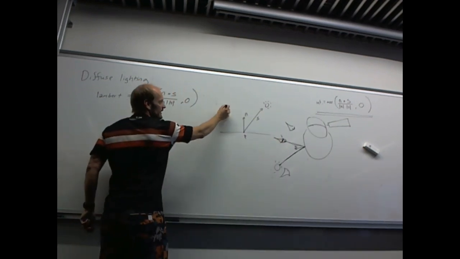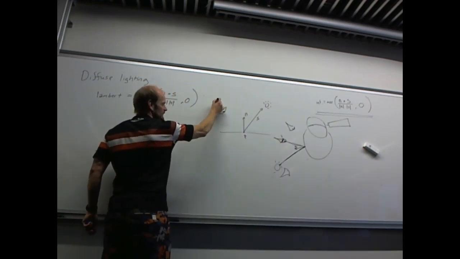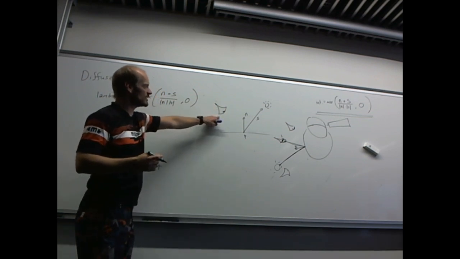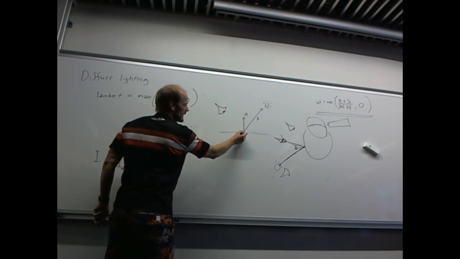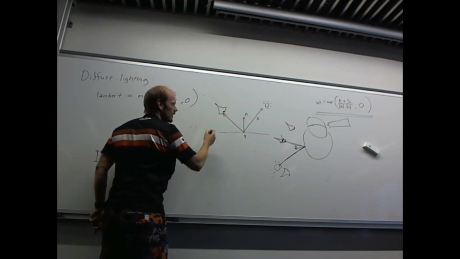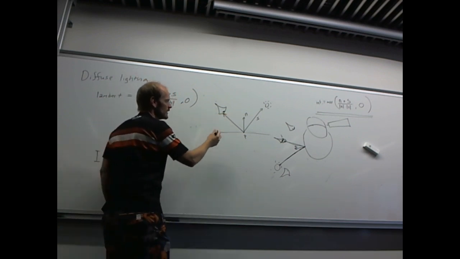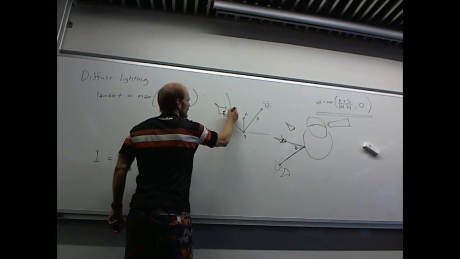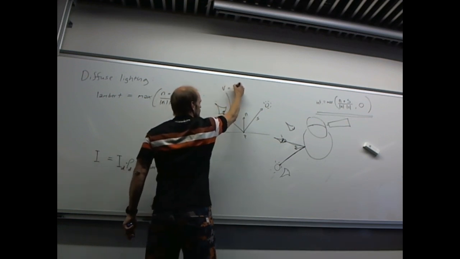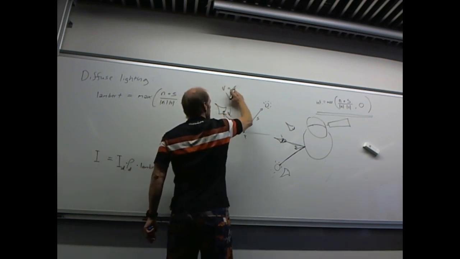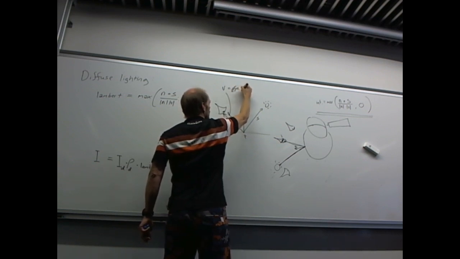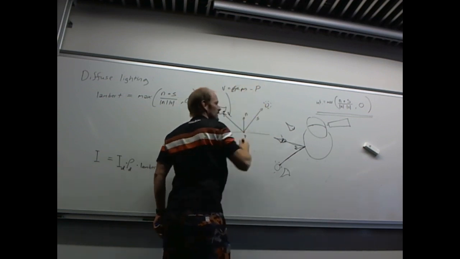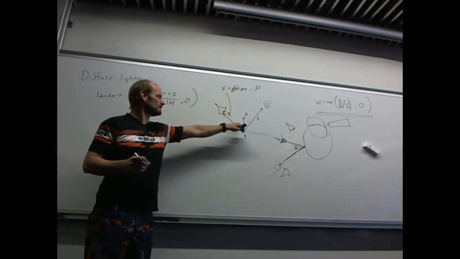So now let's add the camera here, or add the eye. So I have an eye here looking at this, and I can take another vector and I say, okay, this vector here is the vector V, which is the camera position, or let's call it the eye position, minus the position of the vertex.